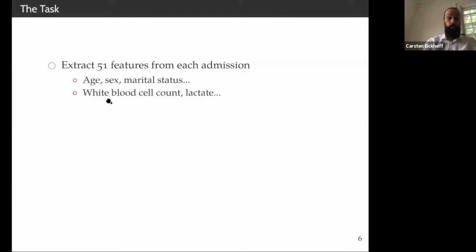We have lab results. So this is white blood cell count, lactate, and so on. We have our vital signs, right? So this could be your heart rate over time, your blood pressure over time, things like that. And then the final thing, and I don't have that on here, are these comorbidities, right?